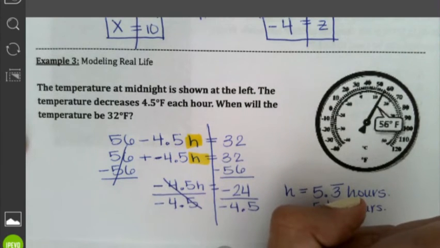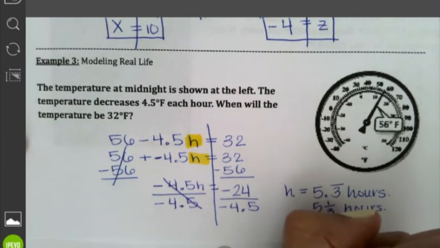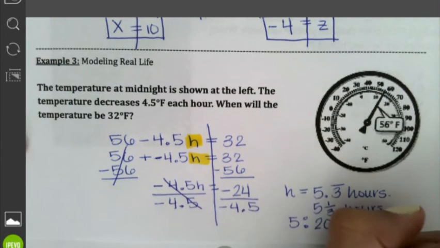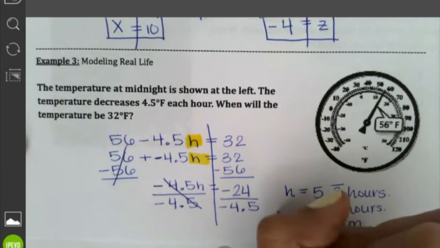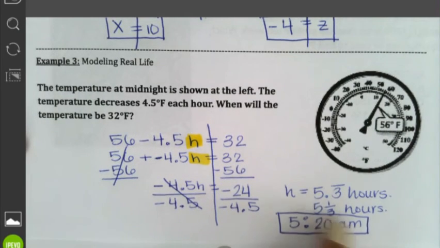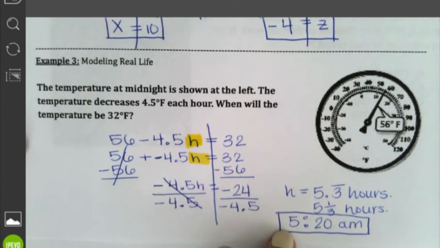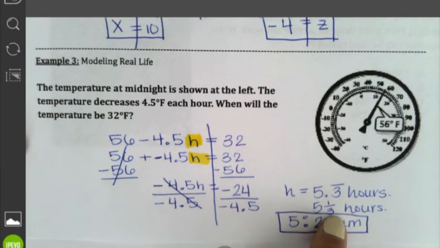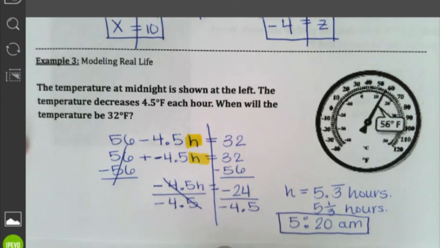So it's going to be at 5:20 a.m. 5 and 1/3. 1/3 of 1 hour is 20 minutes. 1 hour is 60 minutes. 1/3 of that is 20 minutes. So 5 hours and 20 minutes past midnight is 5:20 a.m.